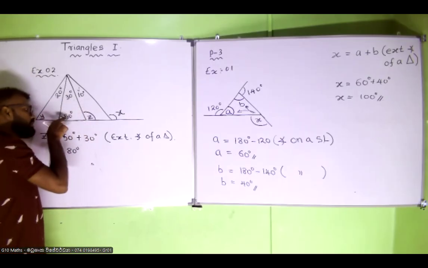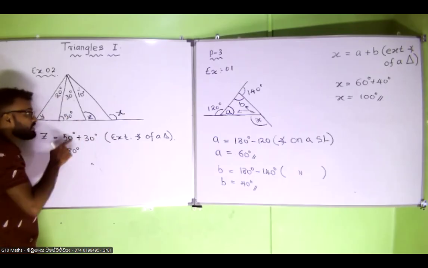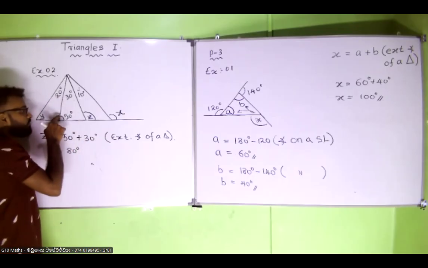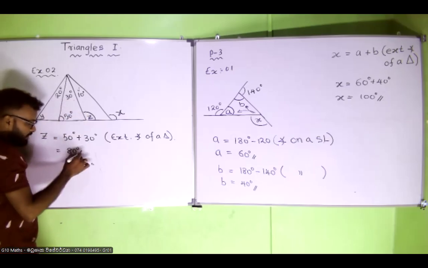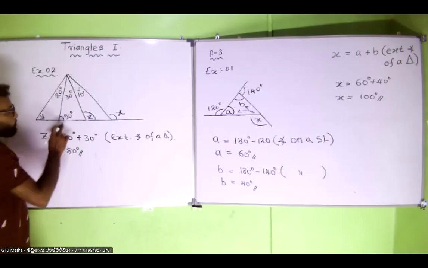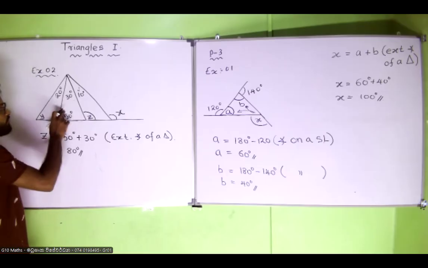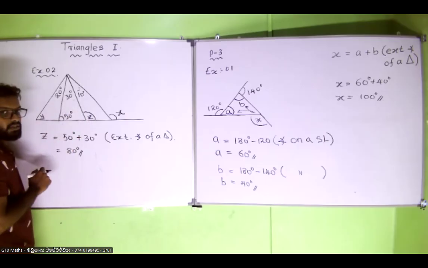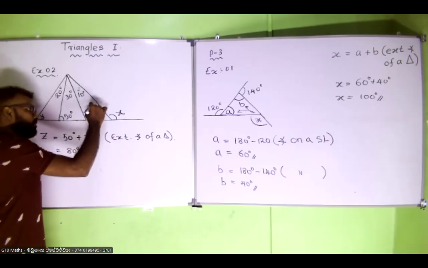How to find the value of the exterior angle? 50 plus 30 is equal to z. Z equals 80. Done. Is it okay? The theorem we have done earlier. Now z has been found.